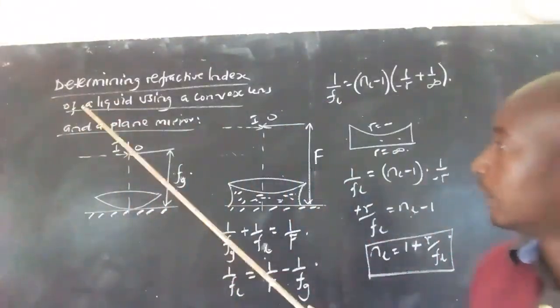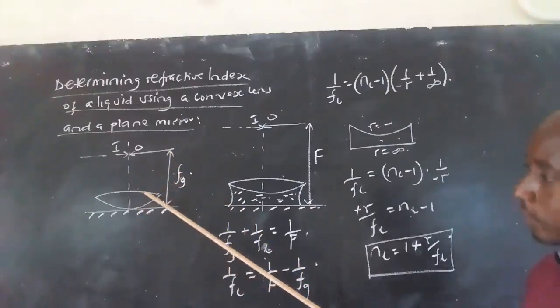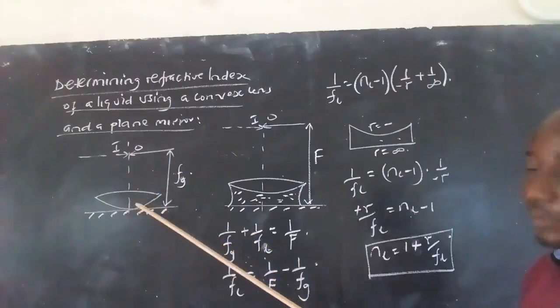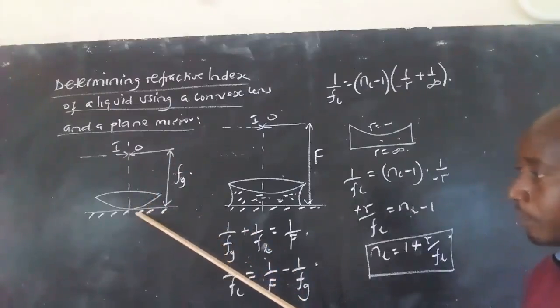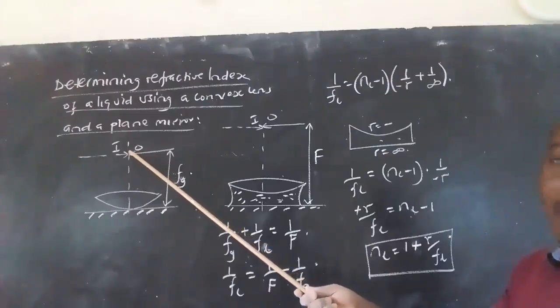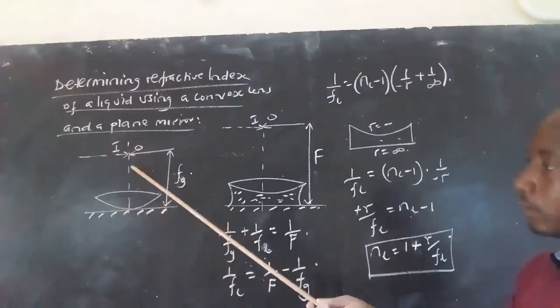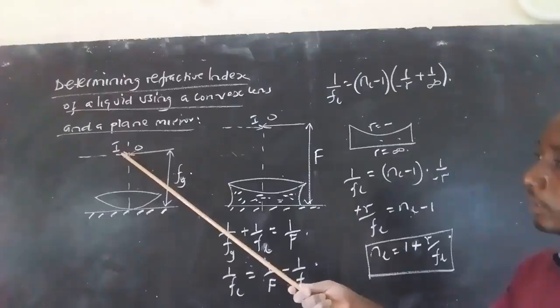So let's go back in reverse. We start from here, looking for the focal length of the glass. We don't have it. So you say that a lens is pressed on the reflecting surface of the plane mirror. A pin is clamped vertically above, such that its tip lies along the principal axis of the lens. It is moved up and down until it coincides with its own image.